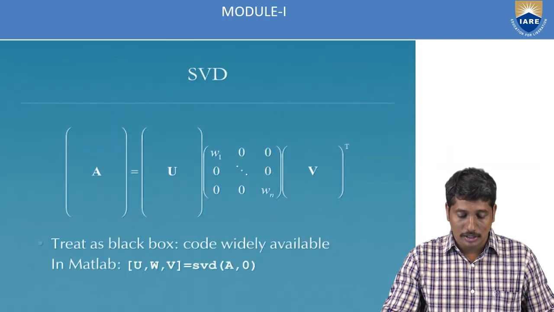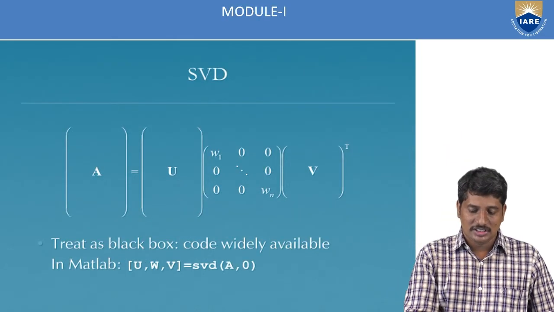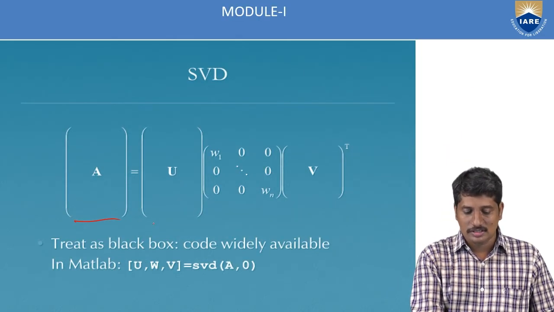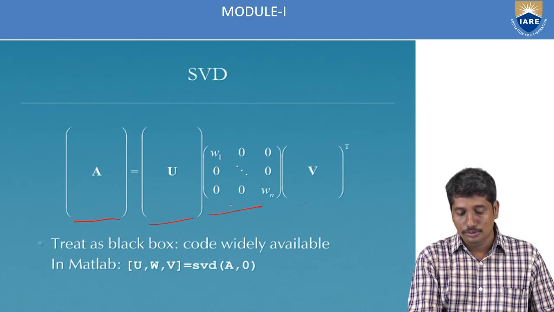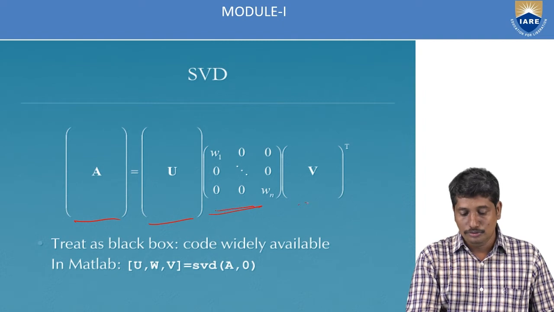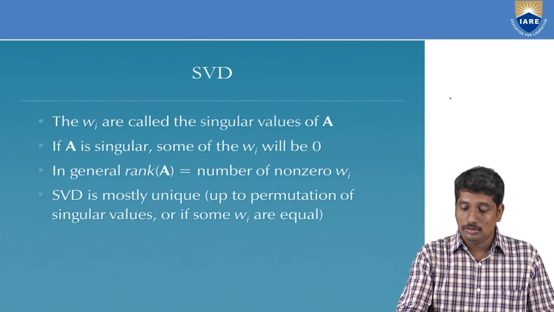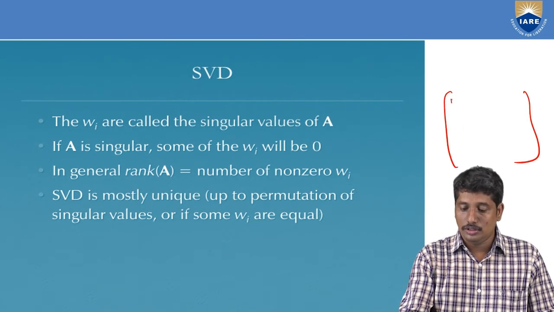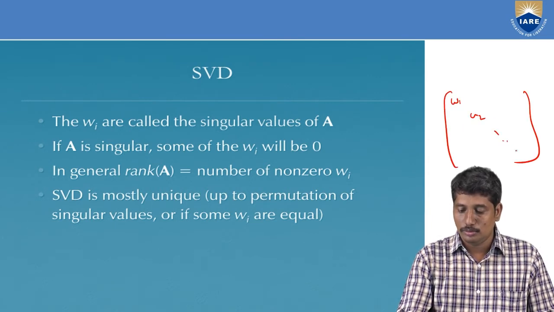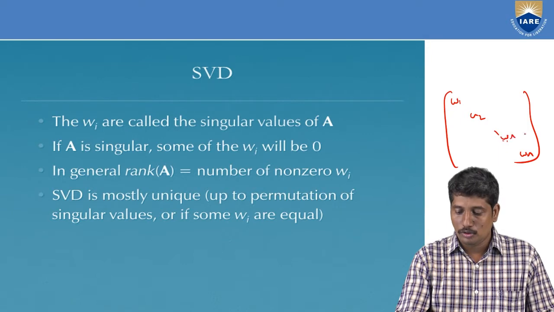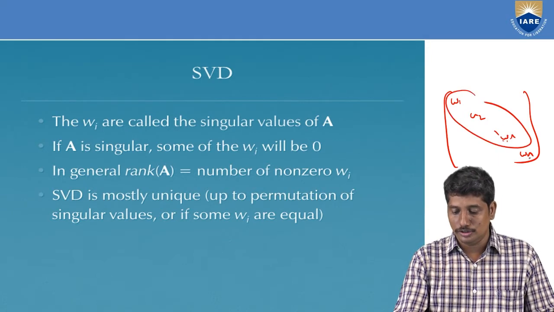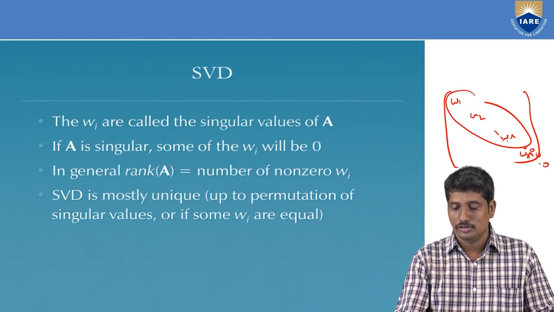Let us look into the mathematical process. This is just a representation of A as U into W into V transpose, where among the values W1, W2, up to Wn, only the first R are non-zero, and the remaining are zeros.